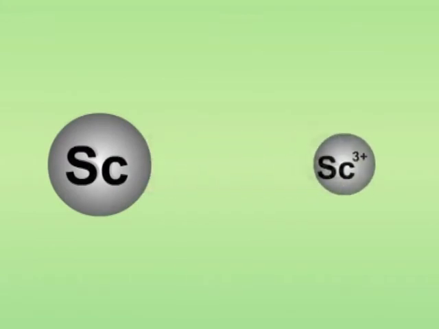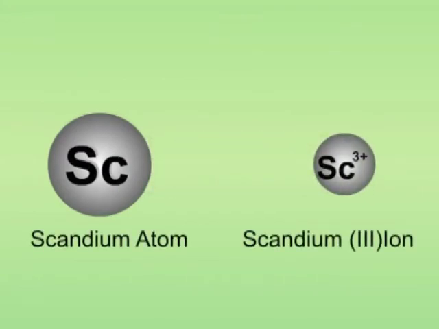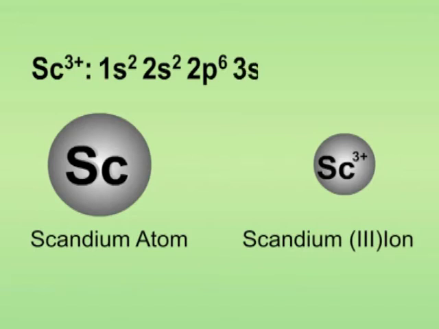Scandium metal forms scandium tripositive ion by losing 3 electrons. Thus, electronic configuration of scandium ion is Sc3+: 1s2, 2s2, 2p6, 3s2, 3p6, 3d0, 4s0.